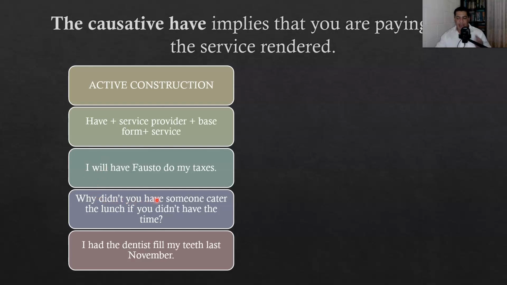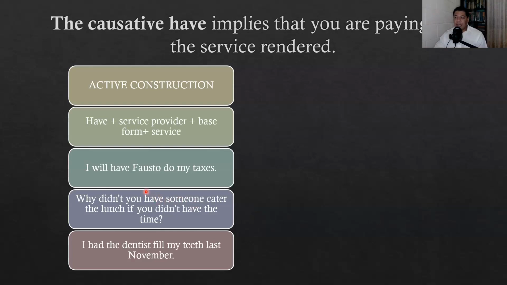Why didn't you have someone cater the lunch if you didn't have the time? Here you have the service provider, which is unknown. You are using someone, right? Remember, this is active. In passive causative, I might not want to use someone, right? In active, I need to use this word because I need to have a subject. I need to have a doer, right? If I am using the active construction, of course.